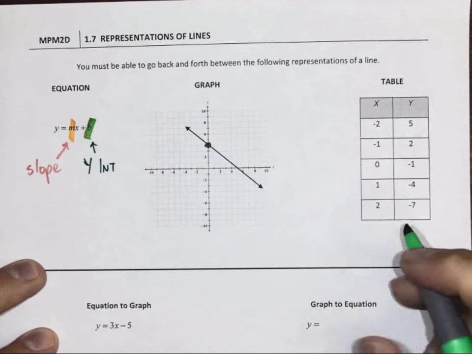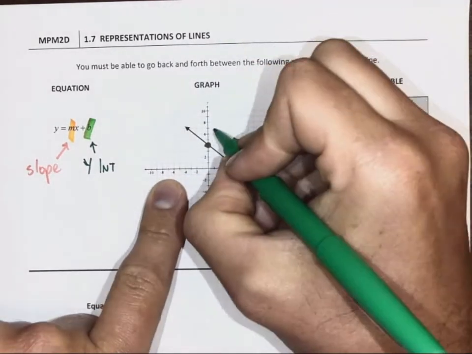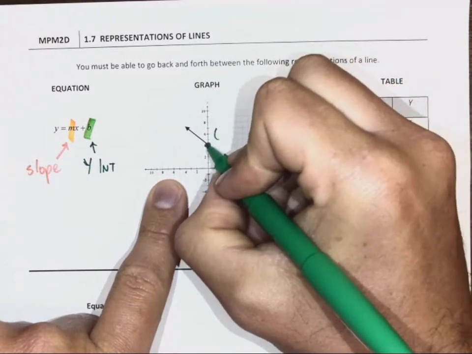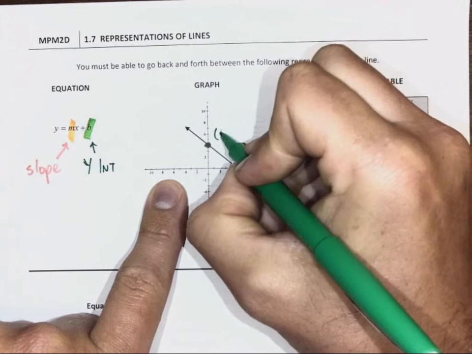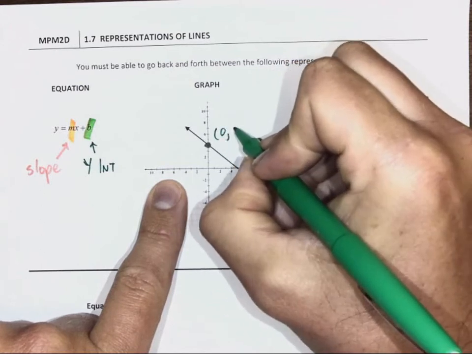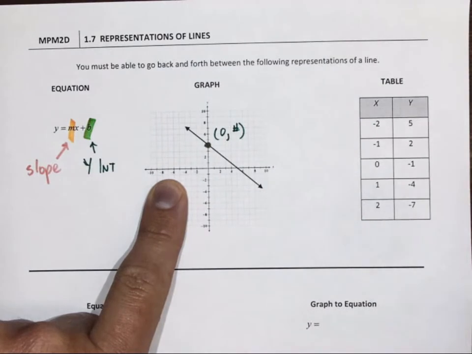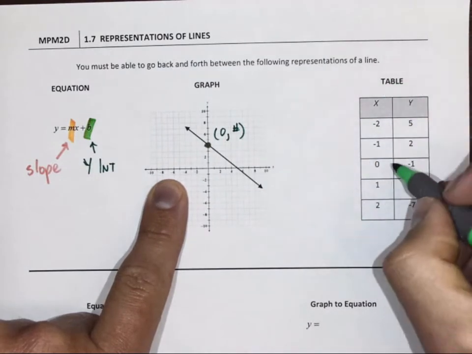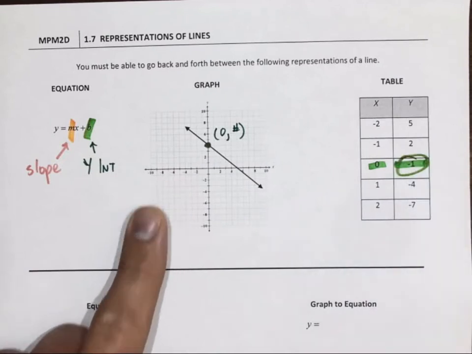On a table, our y-intercept, remember, that point is still a point. It's just a special point where the line crosses the y-axis. So that's still a point 0 and then a number. So x is worth 0. So for our y-intercept, we look in the table: when x is equal to 0, what's y? There's our y-intercept right there.